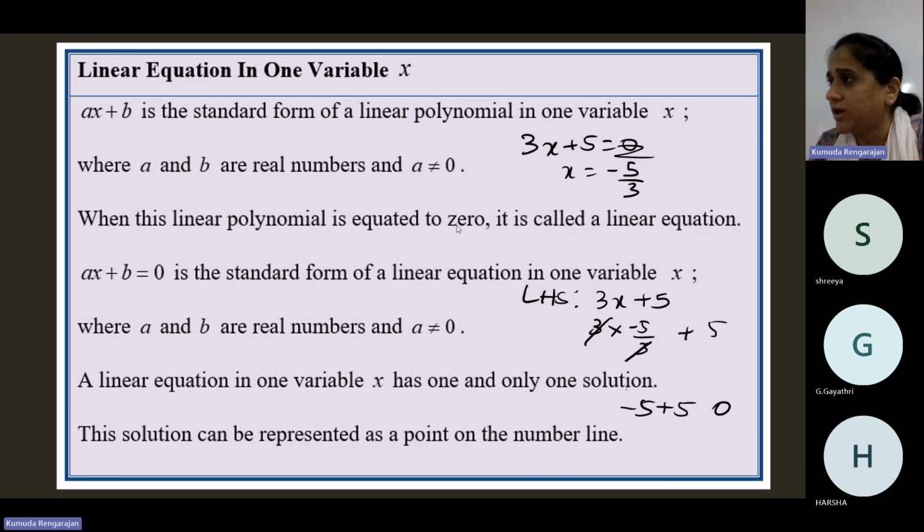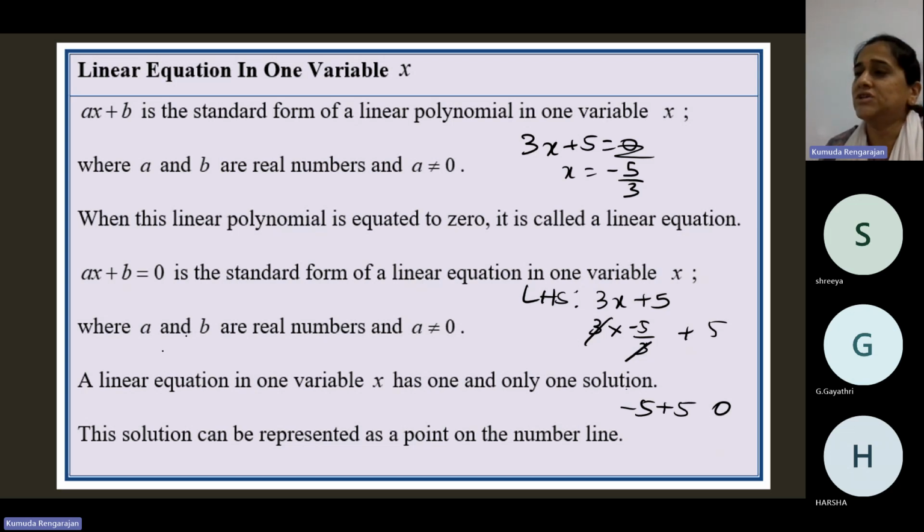Here the RHS is 0, right? So what value of x will make the LHS 0? Only when x is minus 5 by 3, the value of the LHS will be 0. For any other value of x, you will not get 0, which means minus 5 by 3 is the only solution or only root of this linear equation.